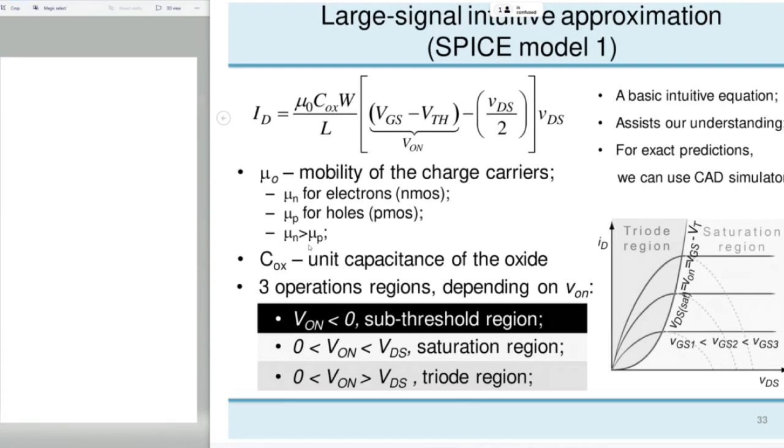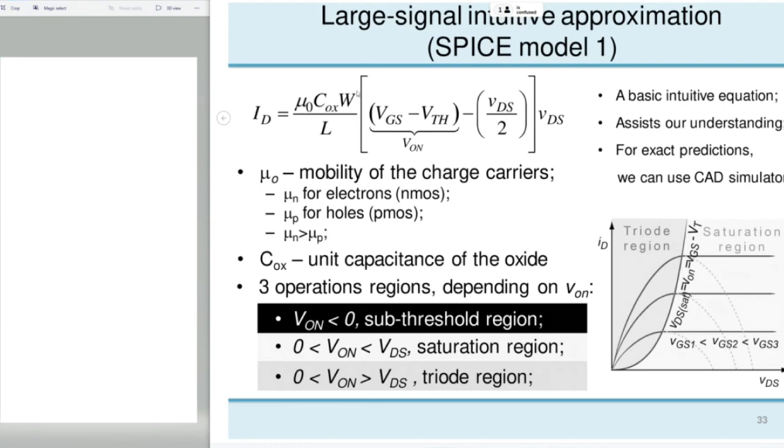You know from semiconductor physics and materials that the mobility of electrons is about 2-3 times higher than the mobility of holes, which means basically that for the same dimensions of transistors and for the same biasing conditions, the NMOS transistors will generate more current, about 2-3 times more current than the PMOS transistors.